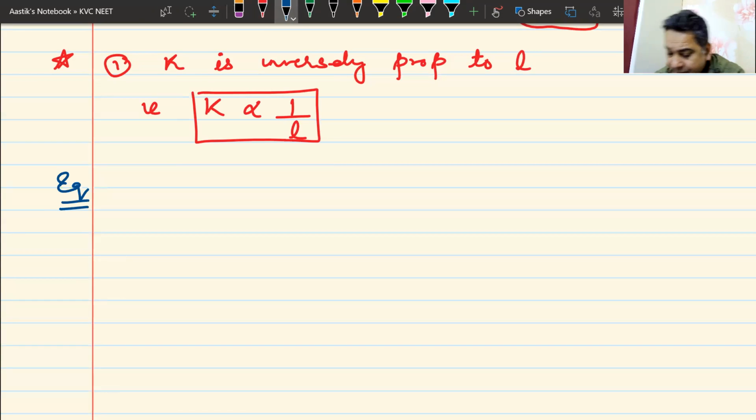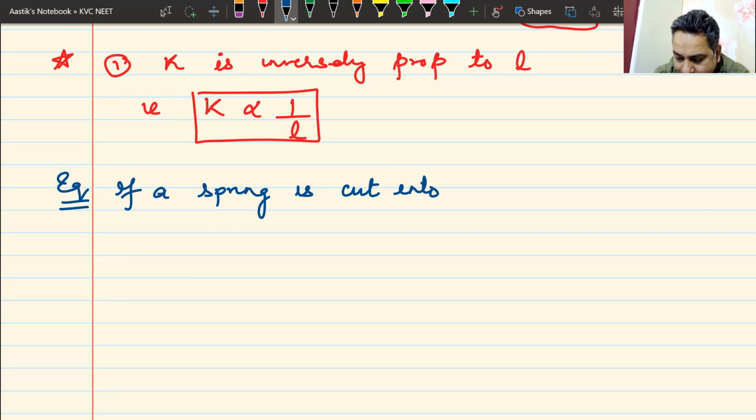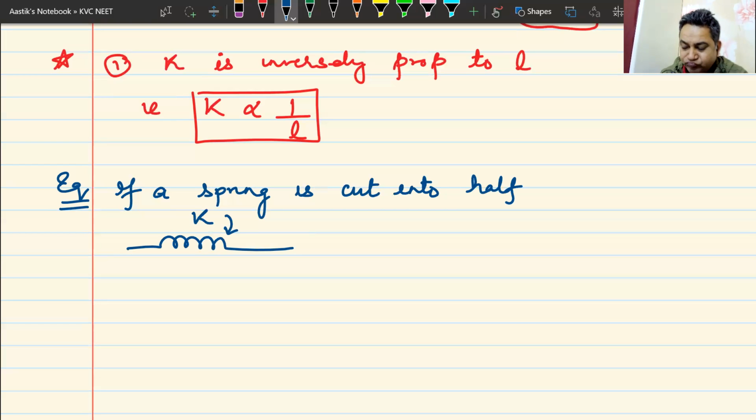An example: if a spring is cut into half. I have a spring whose spring constant is K. I cut this into 2 springs, 1, 2.